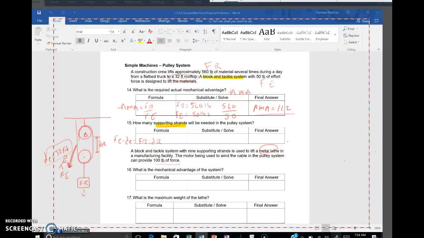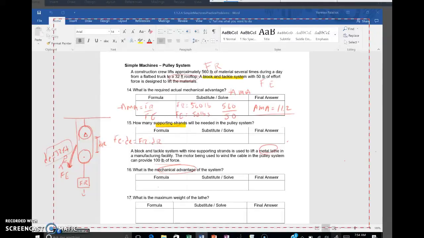So we already know that the equation that we're going to have to use is, again, our equilibrium equation. Well, actually, let me jump ahead of myself here. This one wants to know the mechanical advantage of the system, right?